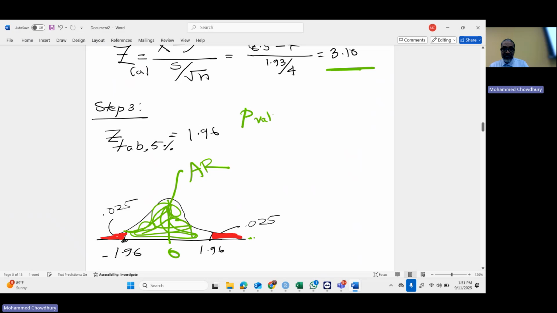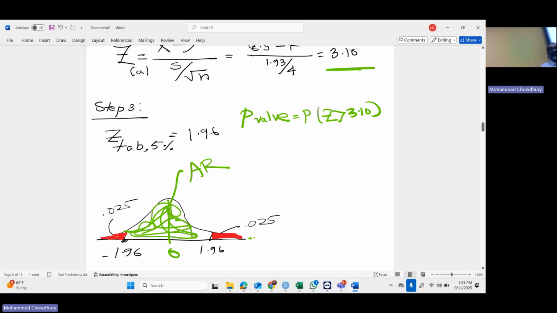If you want to compute the p value, you have to compute the probability of z greater than 3.10. If you compute, you will see the p value is very small. If the p value is less than 0.05, reject the null hypothesis. If the p value is greater than 0.05, fail to reject the null hypothesis. That is the other approach.